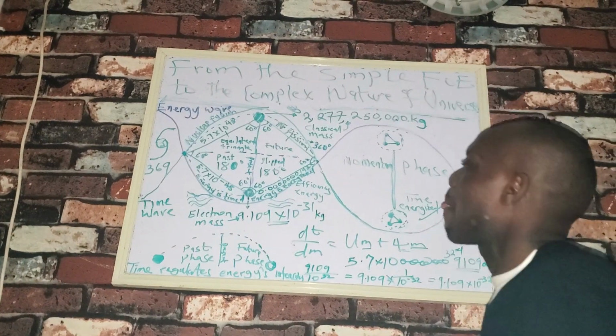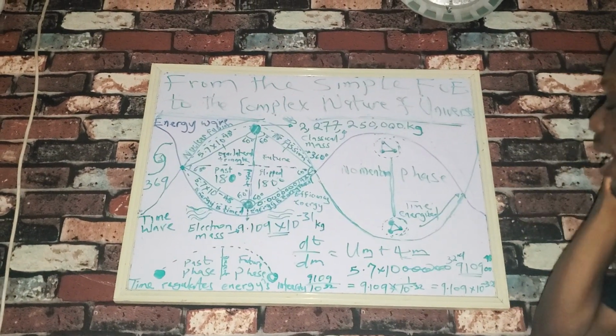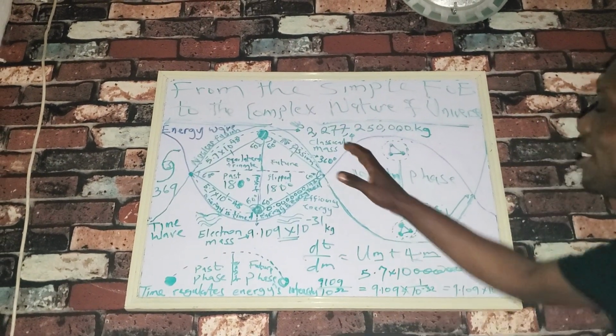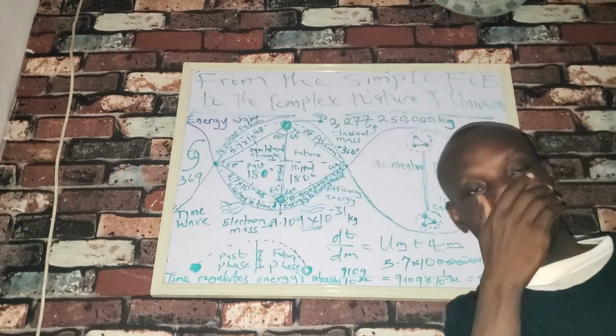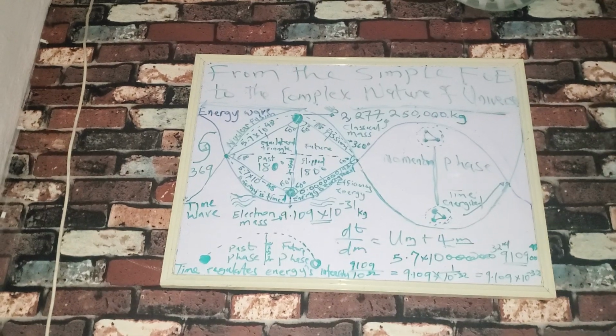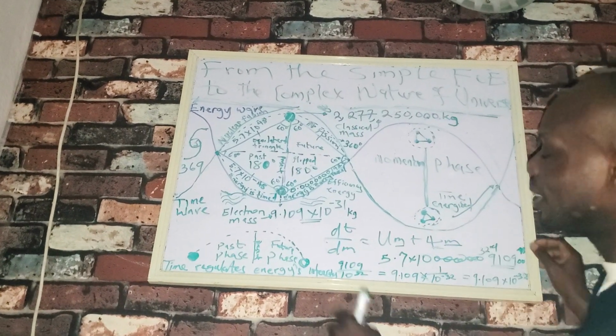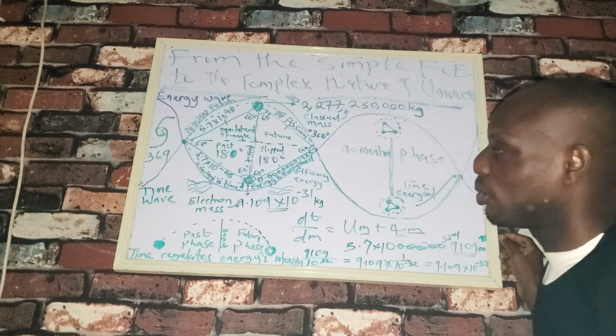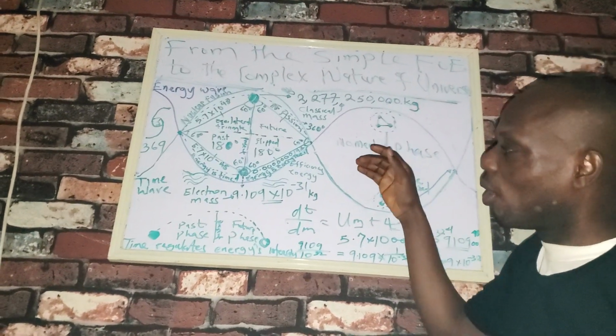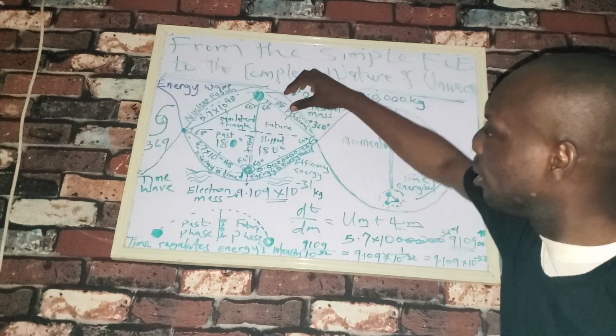Good. Now, another thing I want us to look at, which is the major topic, is the complex nature of the universe. This complex nature is based on the dynamics of the mass worth of the electron.